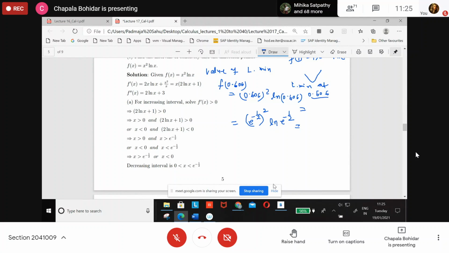Sorry, forgotten. e to the power minus half squared means it is 1 by e. So it is 1 by e times minus half, so I get minus 1 by 2e.